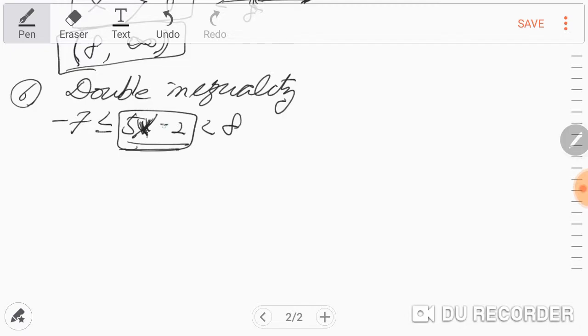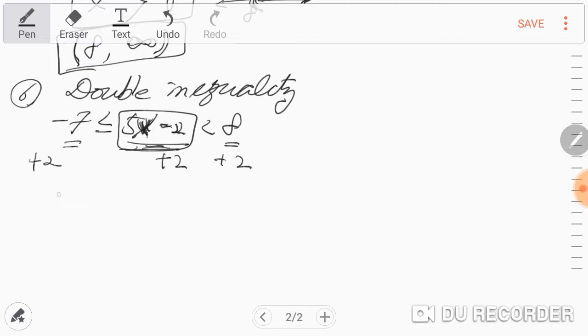So we will get rid of this -2 and then get rid of the coefficient of x, the 5. In order to remove this -2, we will add 2 to all three parts. So add 2 to the center, 2 to the right part, and 2 to the left side of the inequality.